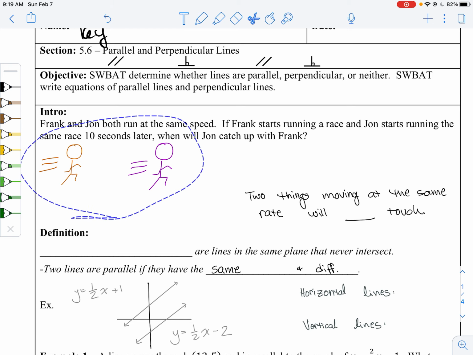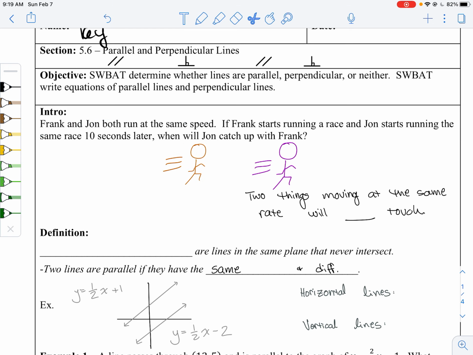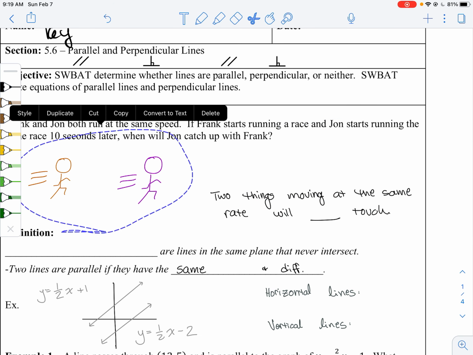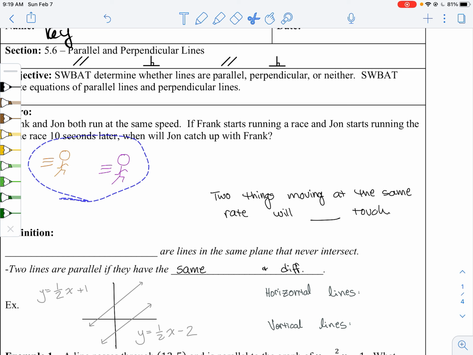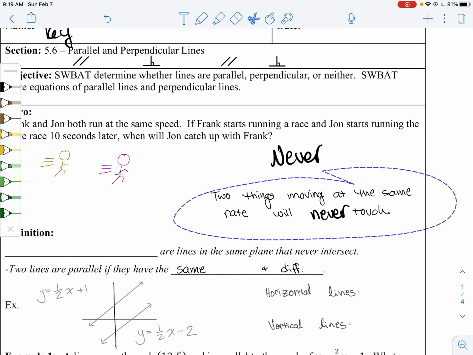They're moving at the same speed. So when will John catch up with Frank? He won't. Trick question. The answer is never, because two things moving at the same rate will never touch.